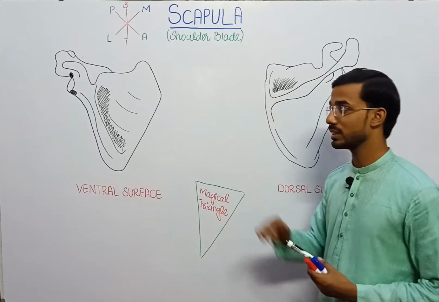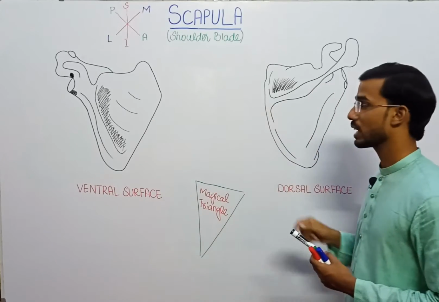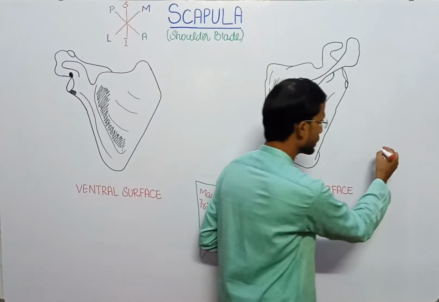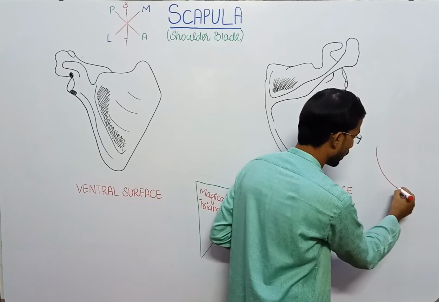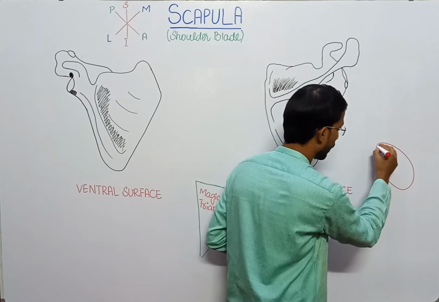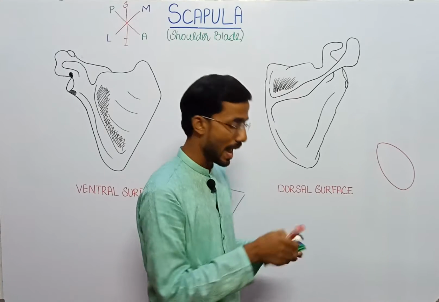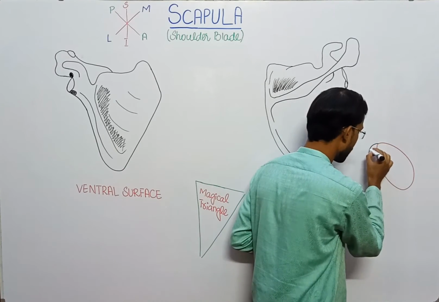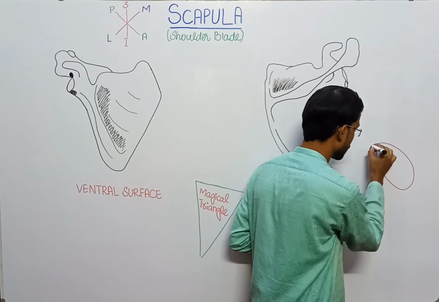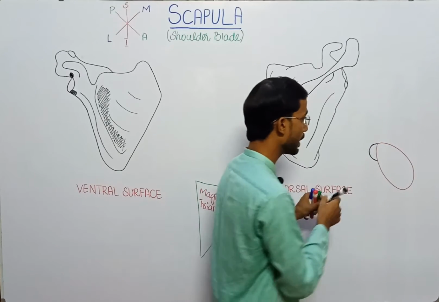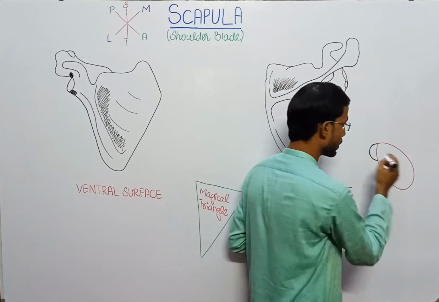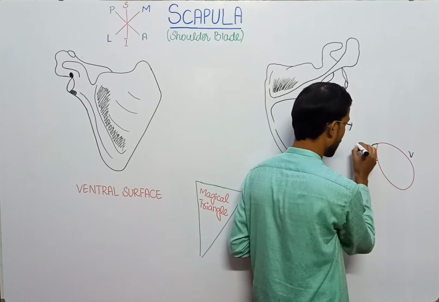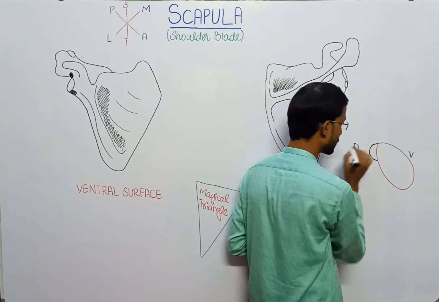Actually, why is this concave and this convex? There is a rib cage, and the scapula is present in that situation. This is the ventral surface and this is the dorsal surface.